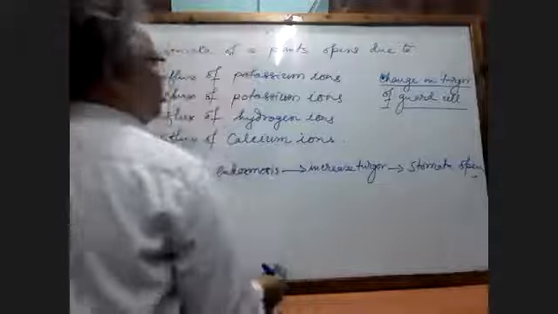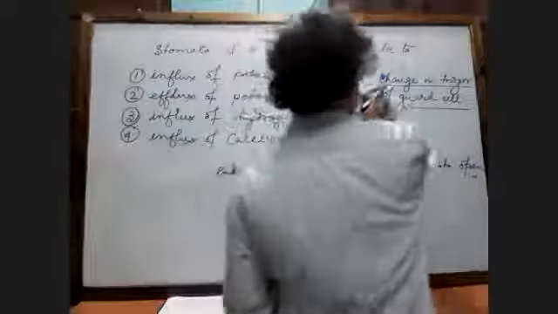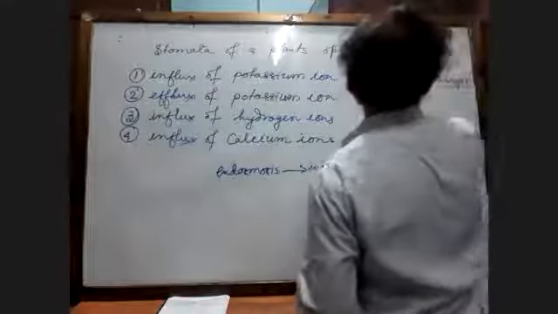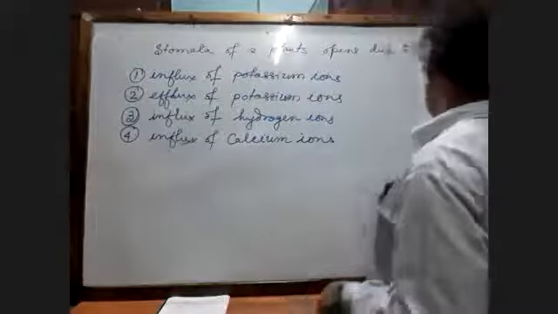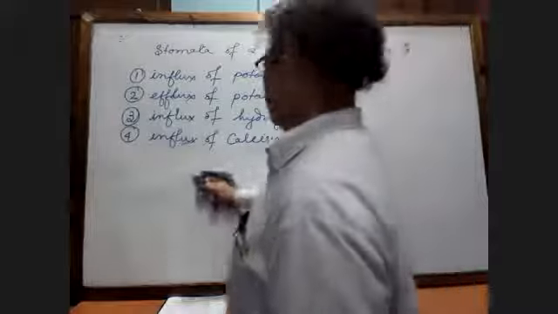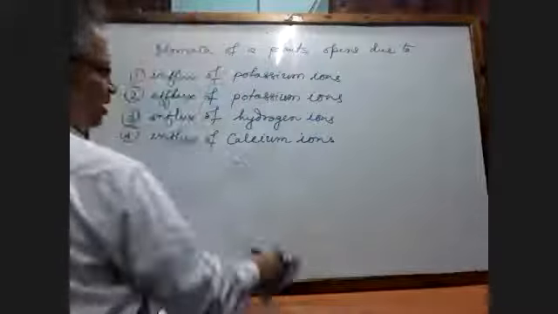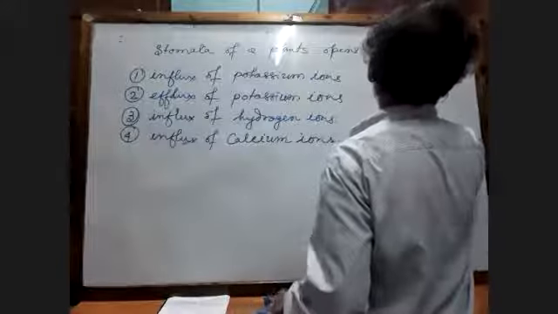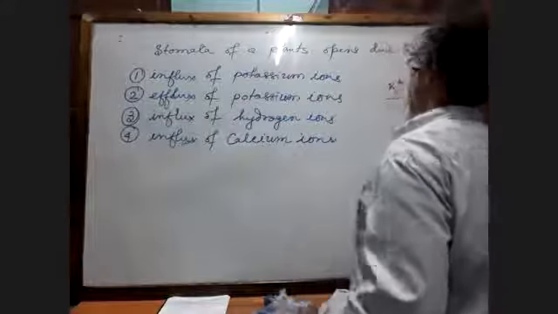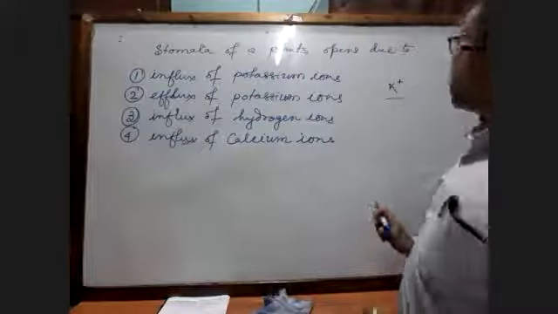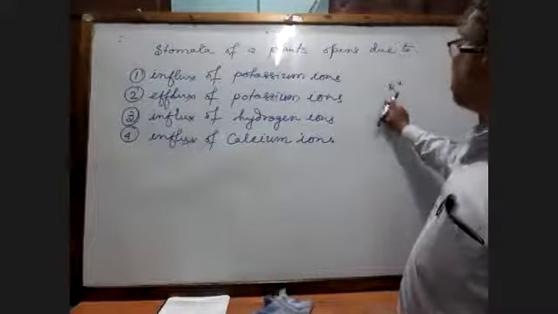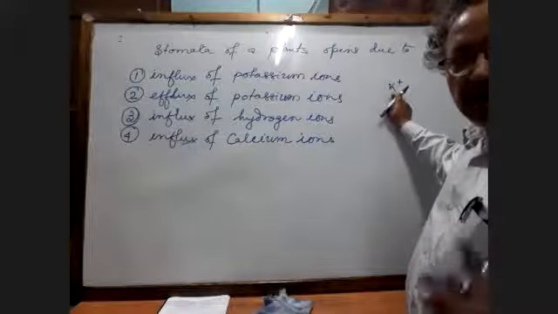The factor that can change the osmotic potential or water potential of the guard cell is the potassium ion.